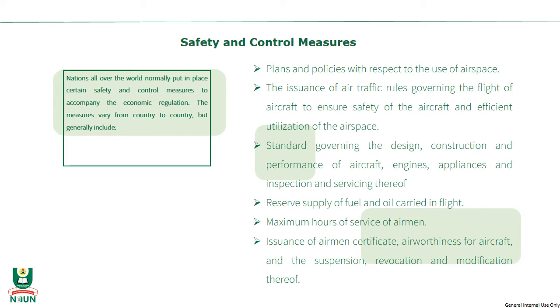The measures vary from country to country, but generally they include the plans and policy with respect to the use of airspace, the issuance of air traffic rules governing the flight of aircraft to ensure safety of the aircraft and efficient utilization of the airspace, standards governing the design, construction and performance of aircraft, engines and appliances and inspection of services thereof, reserve supply of fuel and oil carried in flight, the maximum hours of service of airmen, and the issuance of airmen certificates, that is airworthiness certificates for craft, and their suspensions, revocations and modifications.